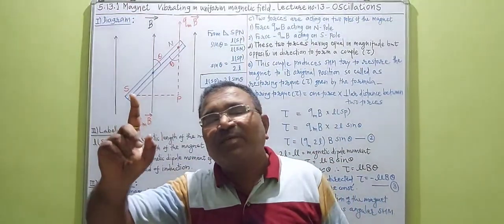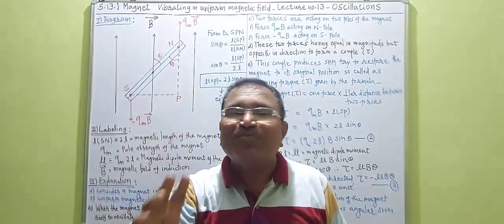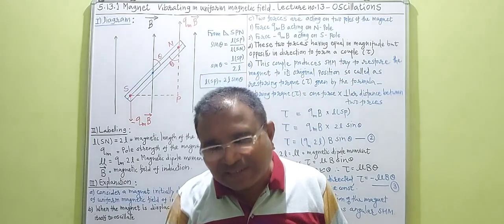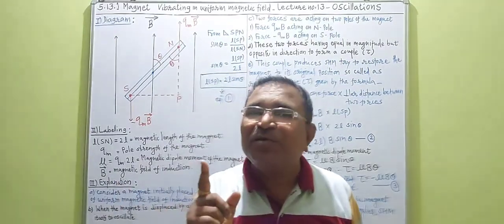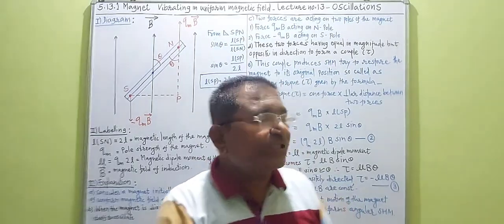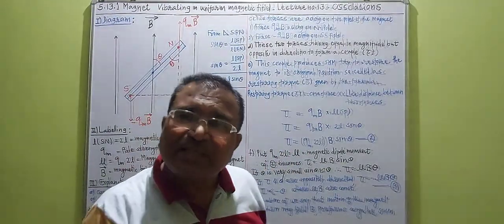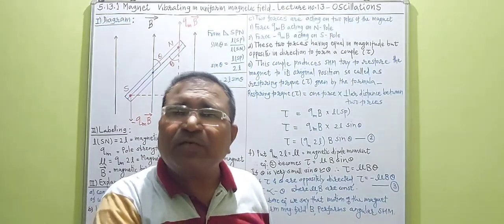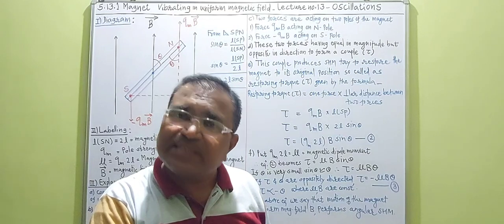In that lecture number 12, we have discussed the definition of angular SHM, and the definition of angular SHM is formed by making use of the equation tau is directly proportional to minus theta. So this equation we get here, tau is directly proportional to minus theta.